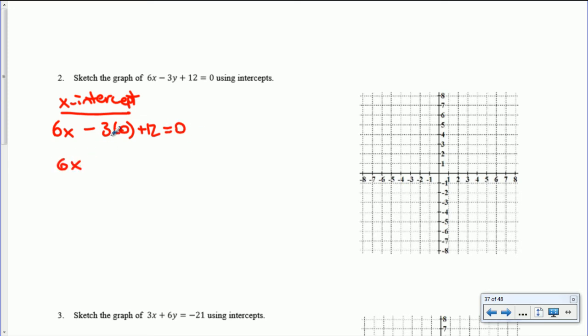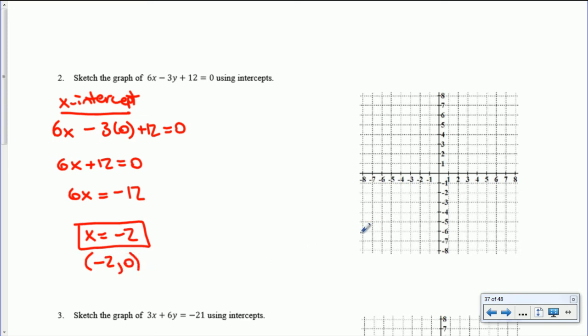So 6x, this is just 0, plus 12 equals 0. So we get 6x equals minus 12, right? Subtract 12 from both sides. Divide 6 both sides. x is equal to negative 2. So negative 2, 0 is where the x-intercept happens.